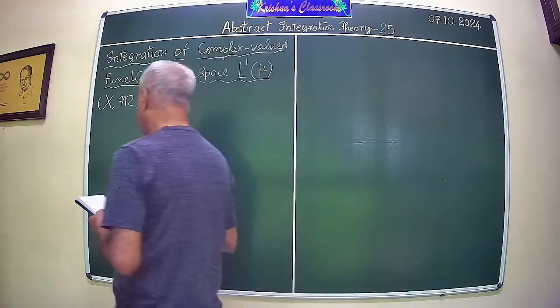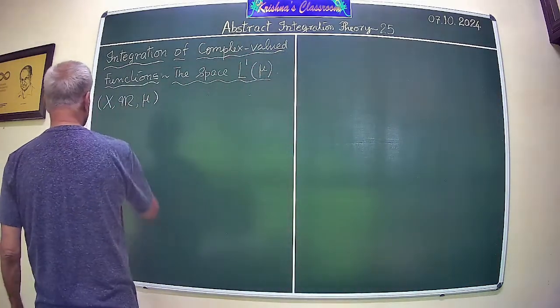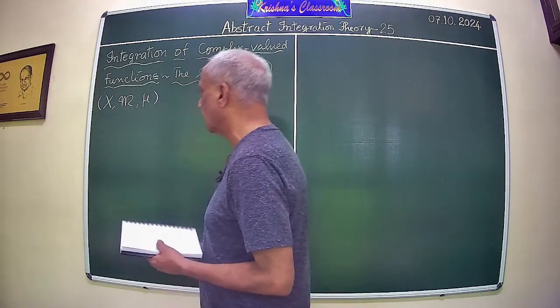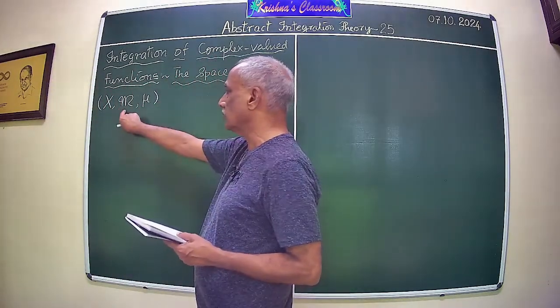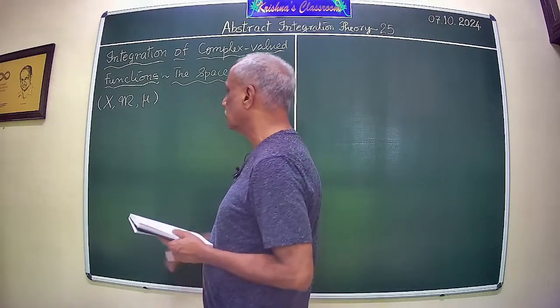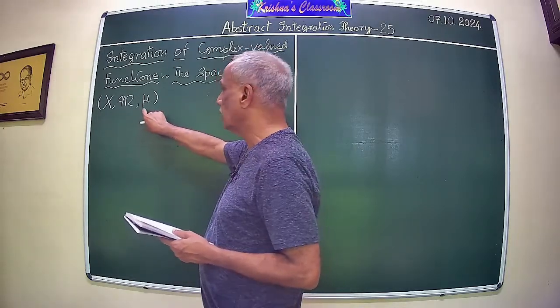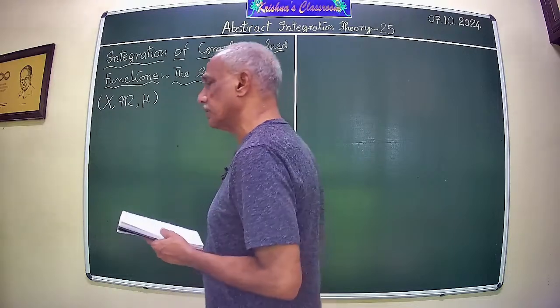Now, we have an arbitrary measurable space X with a sigma algebra M and a measure mu on that.